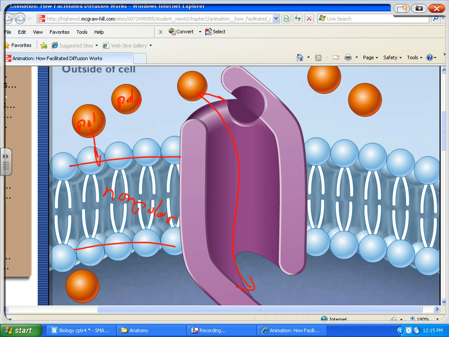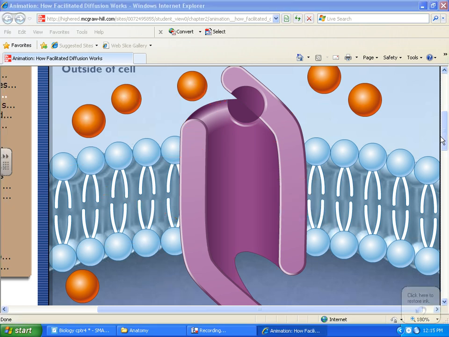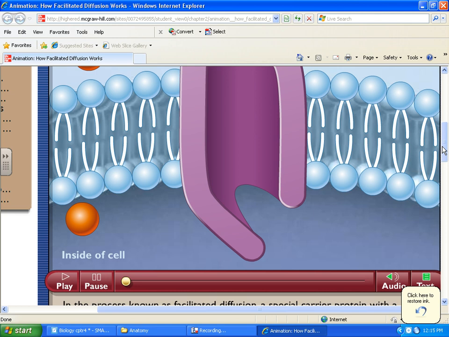Right now we've got 1, 2, 3, 4, 5, and inside we only have 1. Well, there's a gradient. This is your high concentration. Here's your low concentration. It is wanting to go through, but if this protein wasn't here, it wouldn't be able to. But because it is there, let's watch and see what happens.